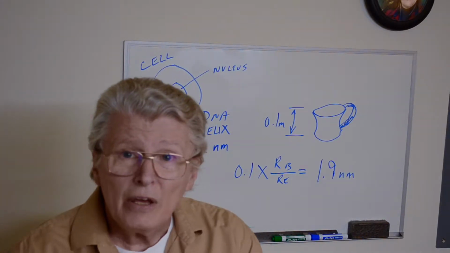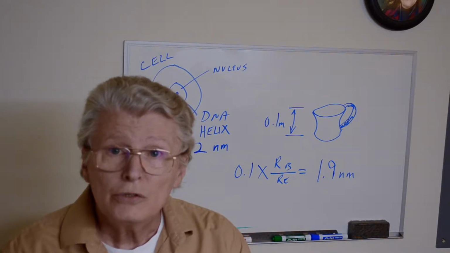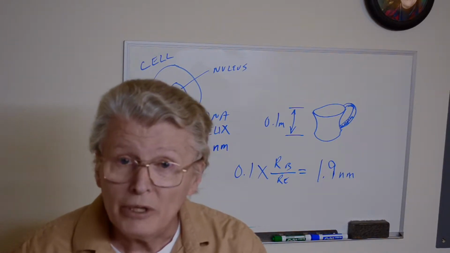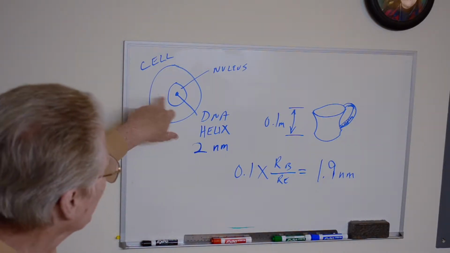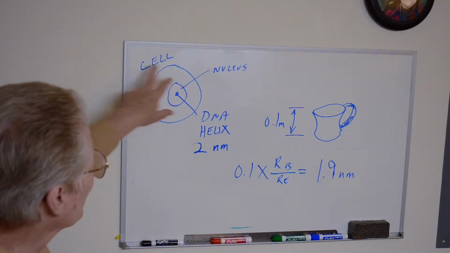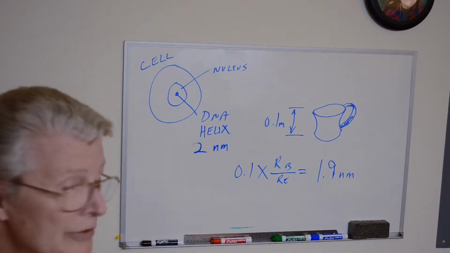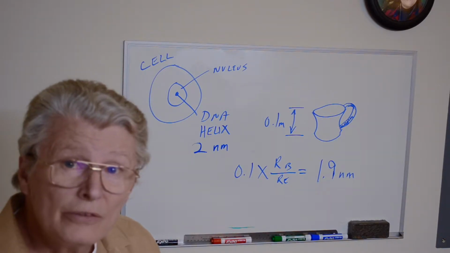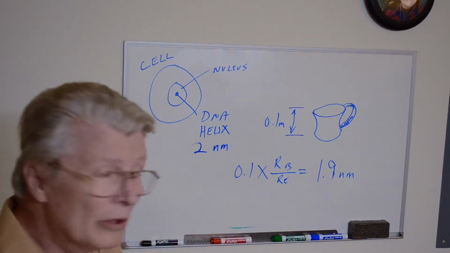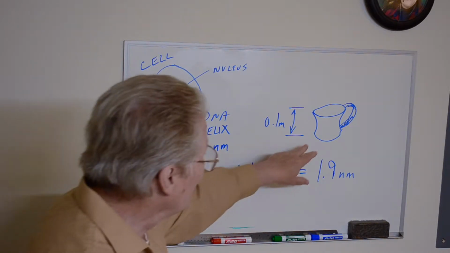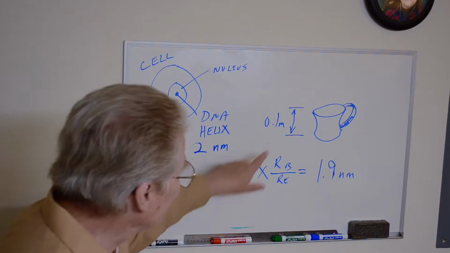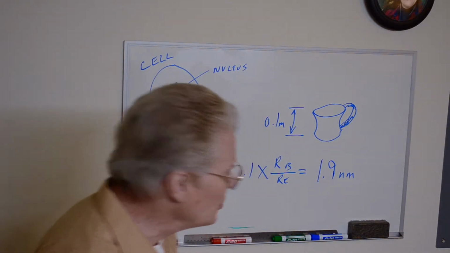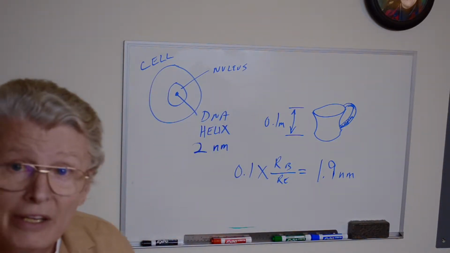All right, at this scale, if you were shrunk down to 39 nanometers, you could see that in our world, at the earth level, the DNA inside the nucleus of a human cell is only 2 nanometers across. Well, in your small world, on the basketball, a coffee cup, mine's about 4 inches tall, so that's about 0.1 meter, is going to be about 2 nanometers in size, 1.9 nanometers.